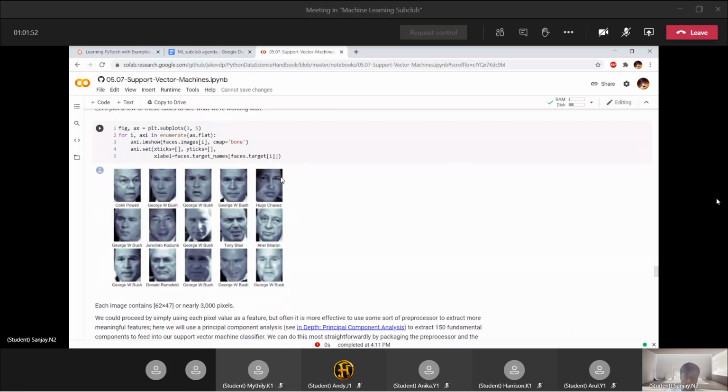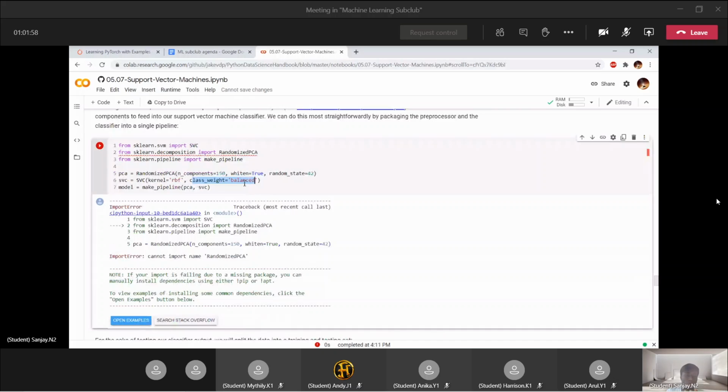Because each of these people is a different person, right? So here we're looking at like 5 or 6 people, so it's probably 5 or 6 classes. So setting class weight equals balanced means that the SVM will take into account the weightage of the different classes in the training set, which is good for us because it'll understand that there's some bias and account for a little bit of it.